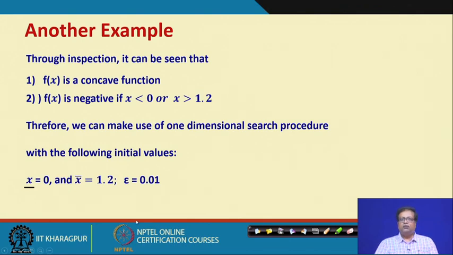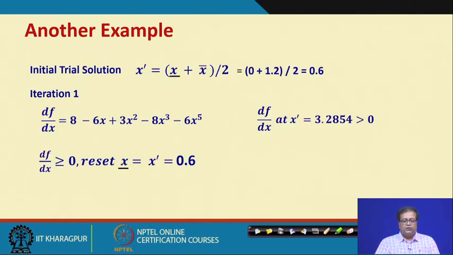let us take epsilon as 0.01. So, at the first iteration x dash comes to 0.6, and if we evaluate df dx at x dash it comes to 3.2854, that is greater than 0, that means this is an upward slope, that means we reset the lower value, the lower value will then become 0.6, right.